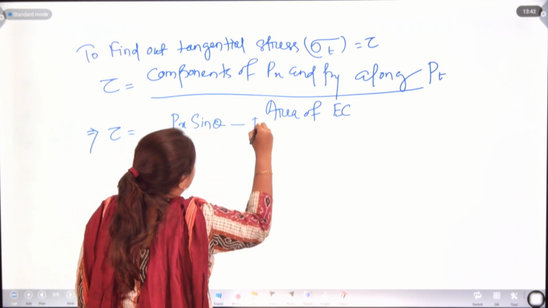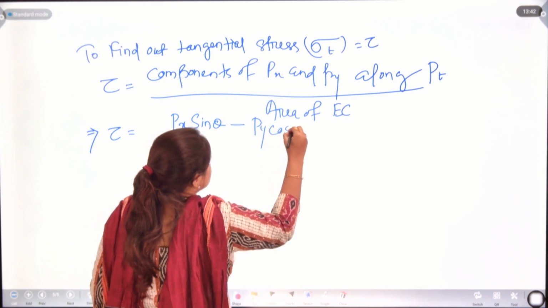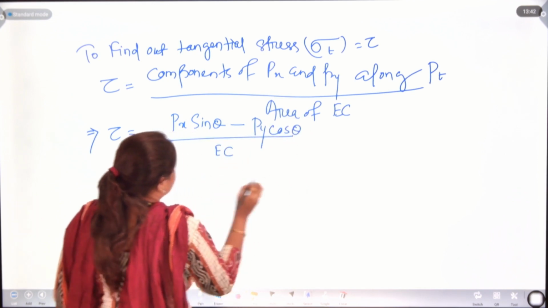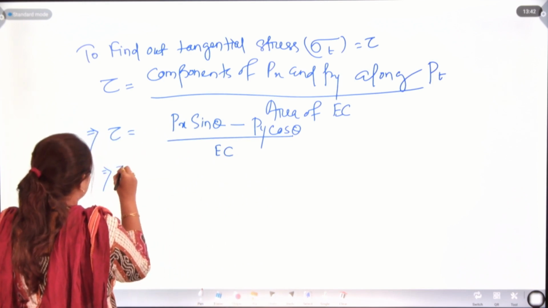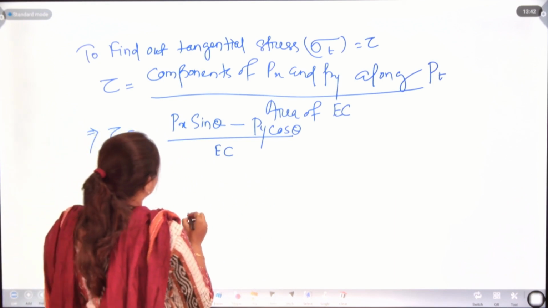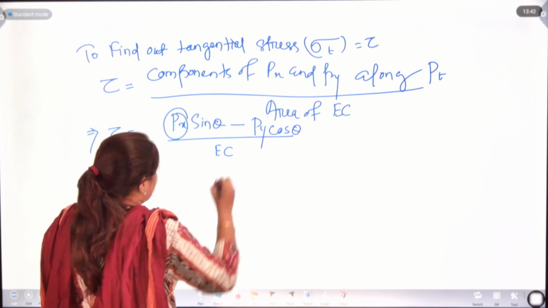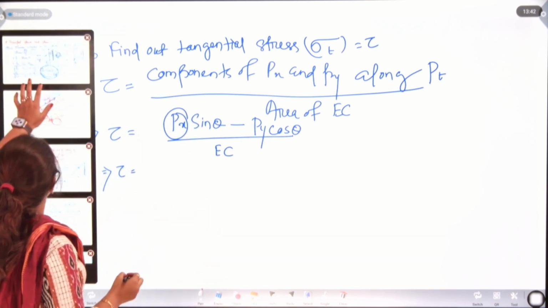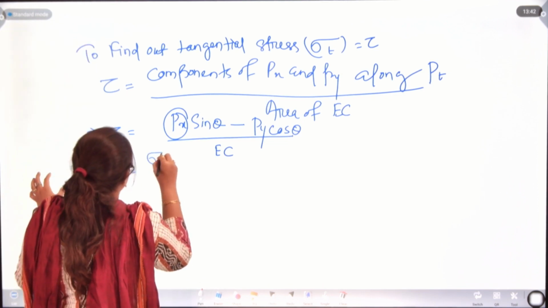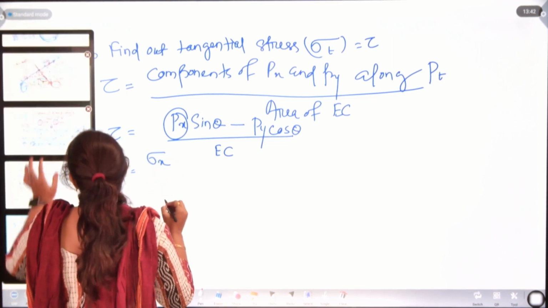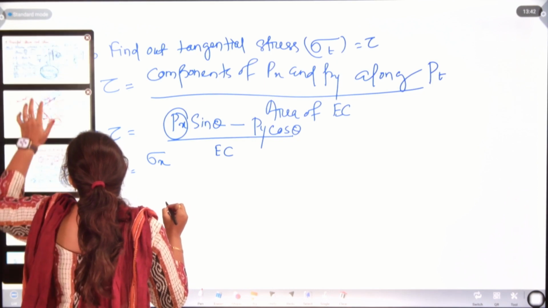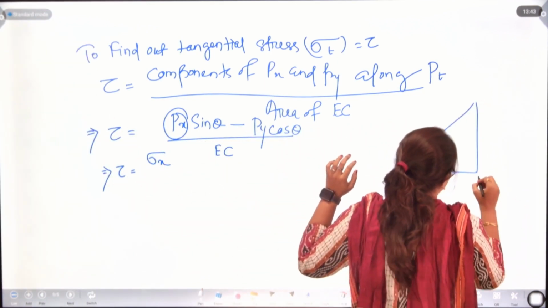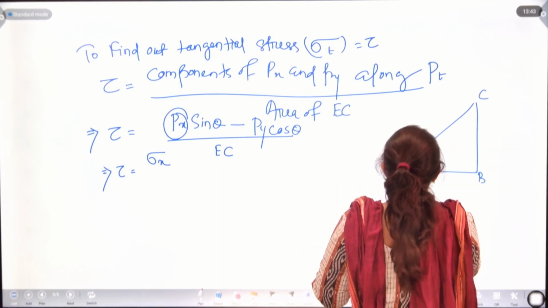Sin theta minus Py cos theta, divided by EC. So this tau value will be, we already have Px and Py here. Px is nothing but sigma x in which direction? Sigma x, we can draw the triangle here, PCE.